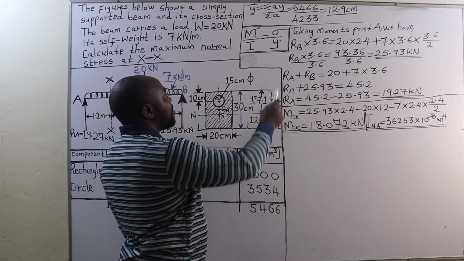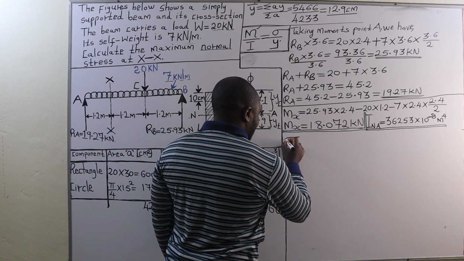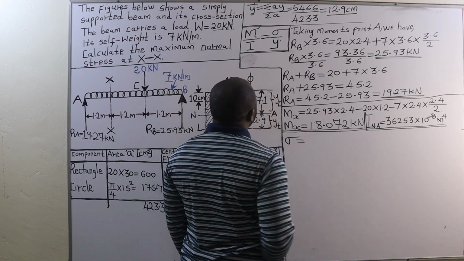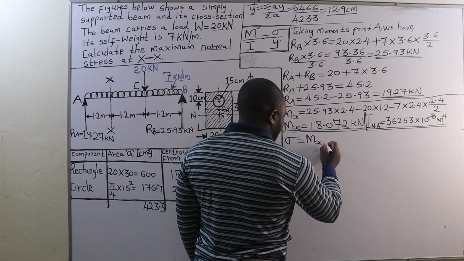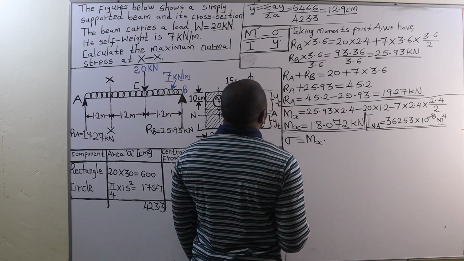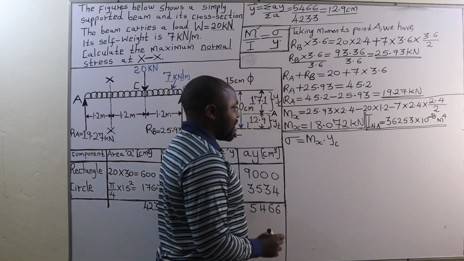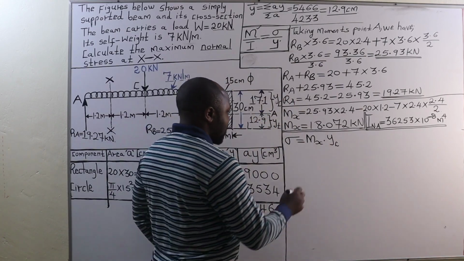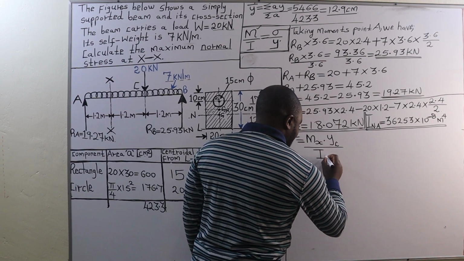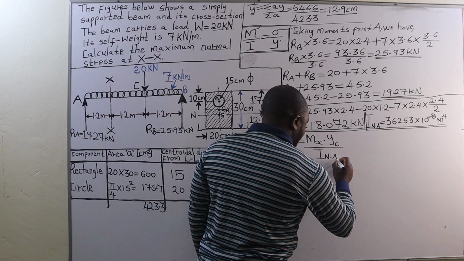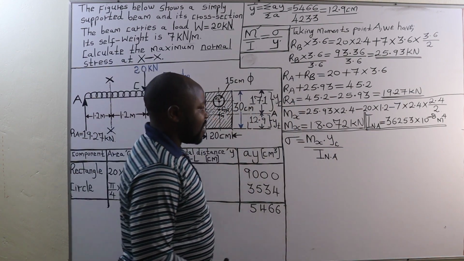So we are going to make stress the subject of this formula. And therefore, stress is going to be given by the bending moment about the XX section multiplied by YC on the compressive section, divide this by the moment of inertia about the neutral axis of this rectangular beam section.